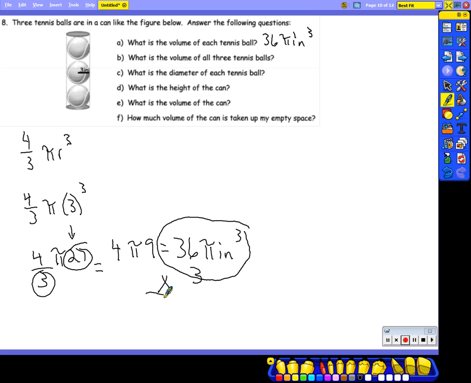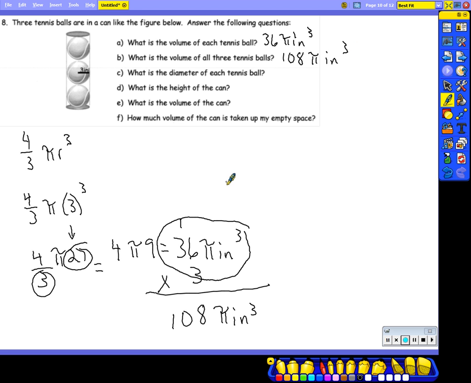Because there's 3 balls, whenever I multiply that together, 6 times 3 is going to equal 18. Carry your 1. 3 times 3 is 9. Plus 1 is 10. So 108 pi inches cubed. That's for all 3 of them. So we have 108 pi inches cubed.